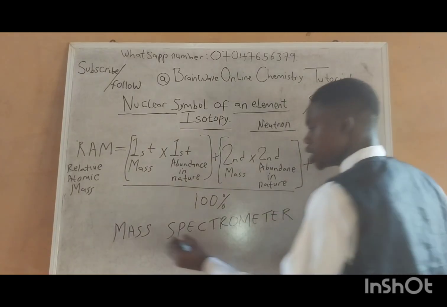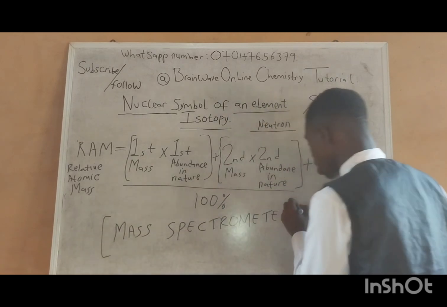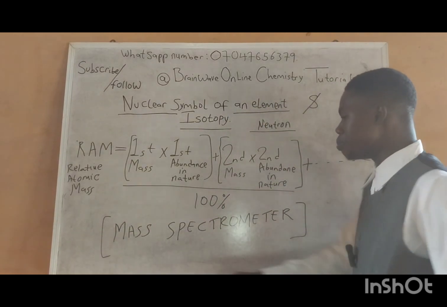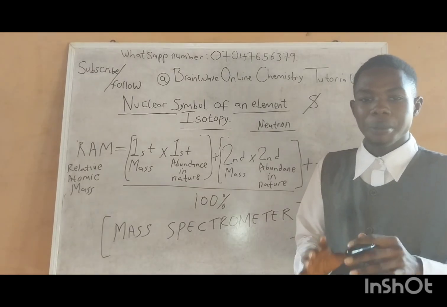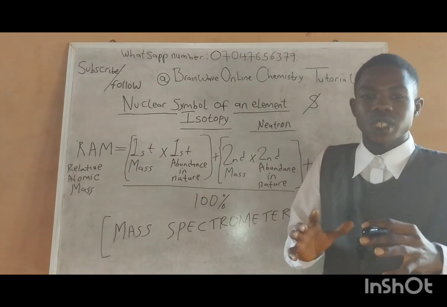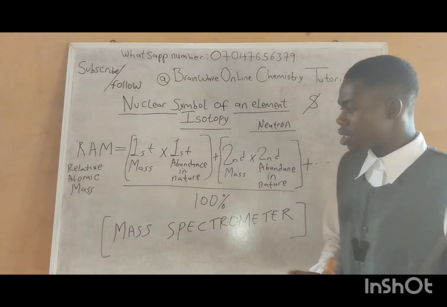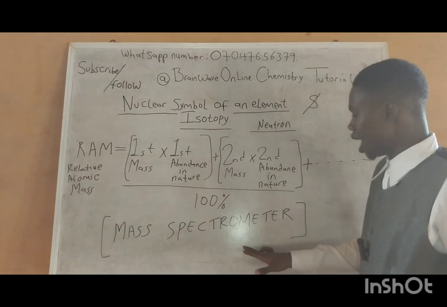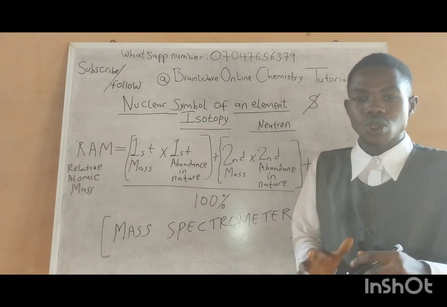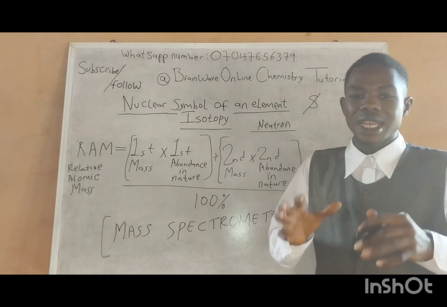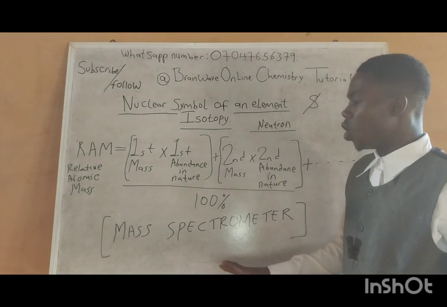The mass spectrometer is used for determining the number of isotopes of a particular element. So please take note of this.